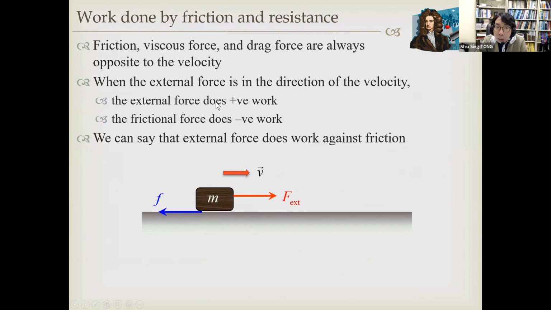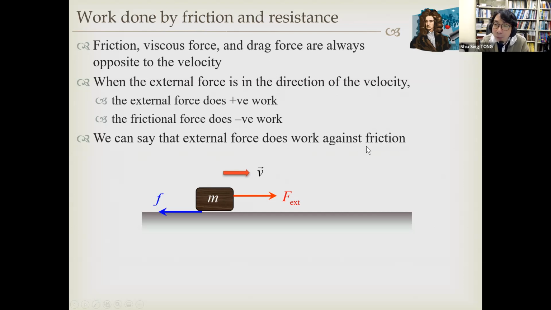The external force does positive work because it's in the same direction as the velocity. So F external dot v will be positive. But the frictional force does negative work because the frictional force is opposite to F and opposite to v.